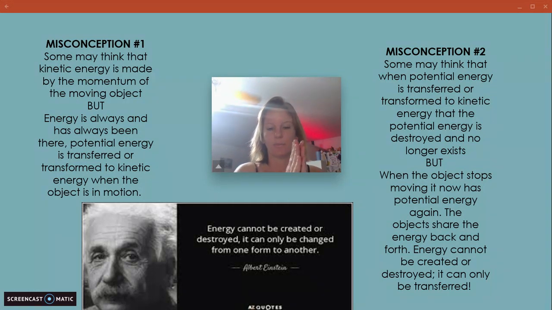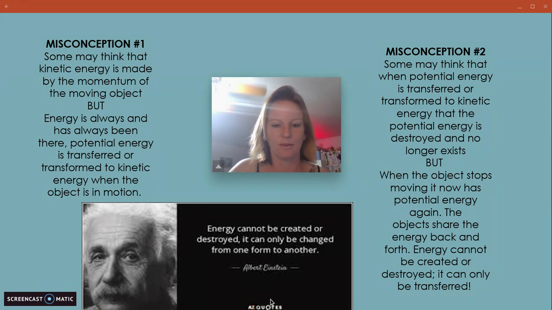When that pendulum comes back up to its stopping point, it now has potential energy again. Then that potential energy, when it starts to swing, is converted to kinetic, goes back up, stopping point, potential energy again. It's never destroyed. It's always there. It's just transformed into the opposite energy.